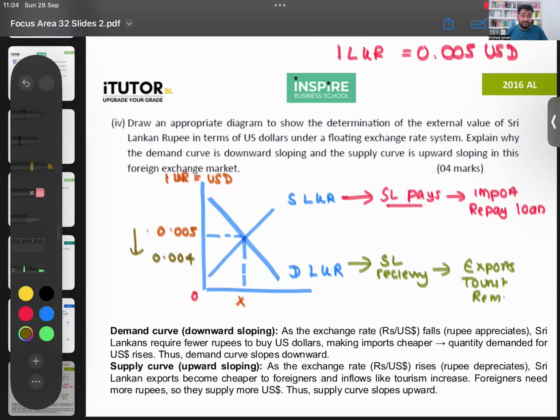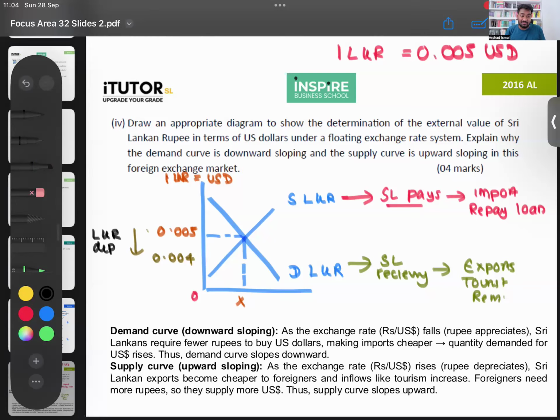Earlier for 1 rupee we got $0.005. Now for 1 rupee, we are getting only $0.004. The value of the rupee has come down. That means the Sri Lankan rupee has depreciated. Okay. So if the Sri Lankan rupee has depreciated, what happens to our exports?